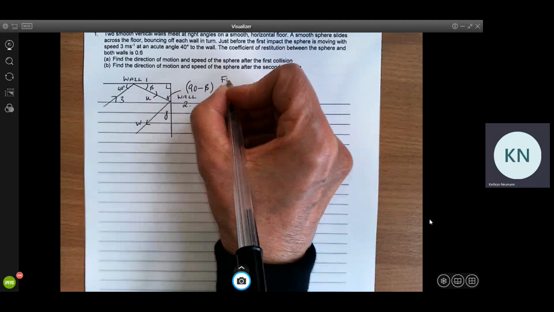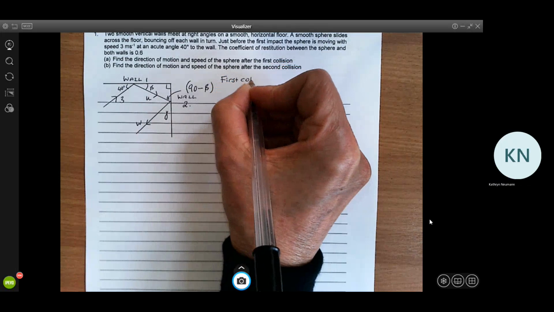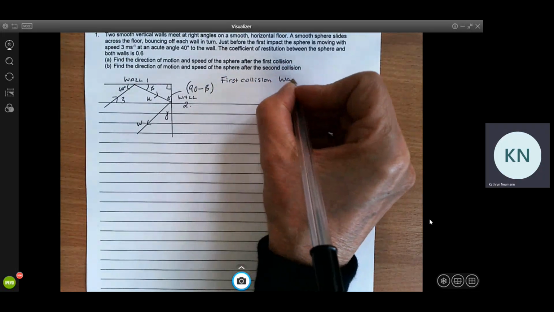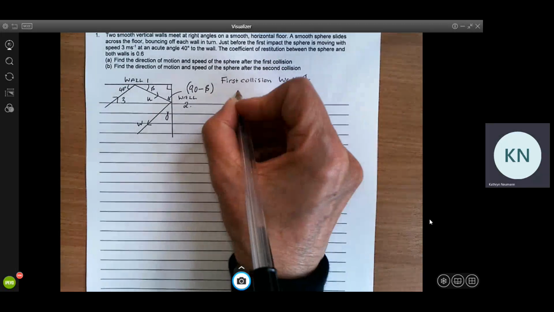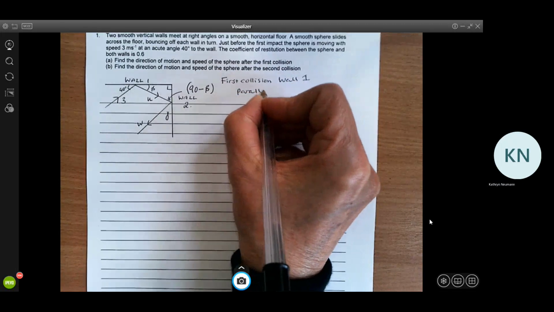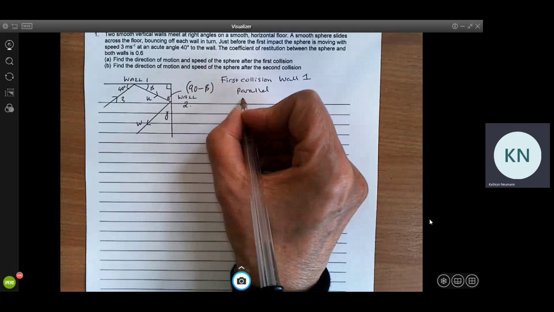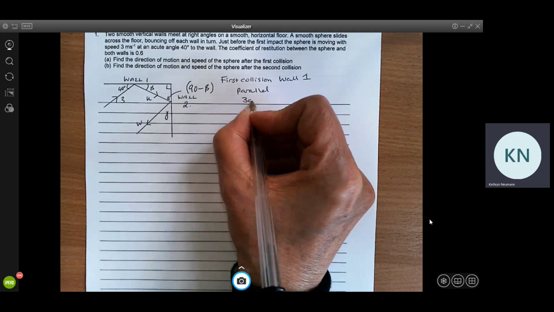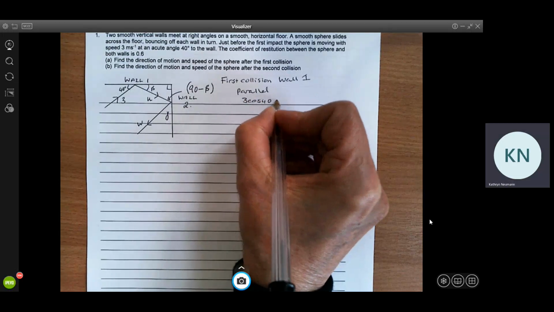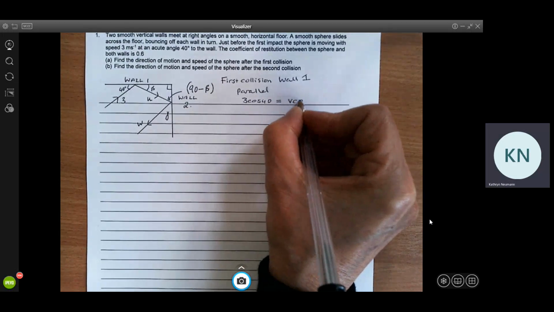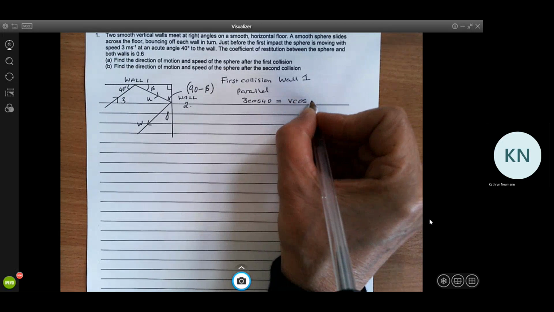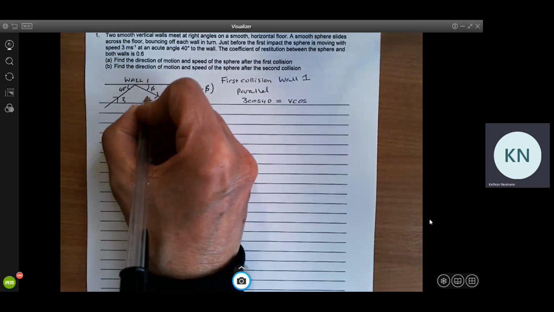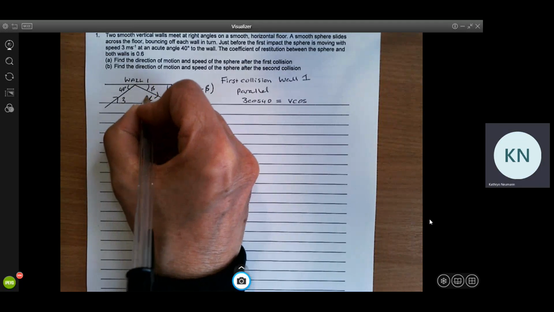So for the first collision, that's with wall 1. So parallel to the wall, I've got an unchanged velocity, so 3 cos 40 is equal to V cos beta. This is actually V here.